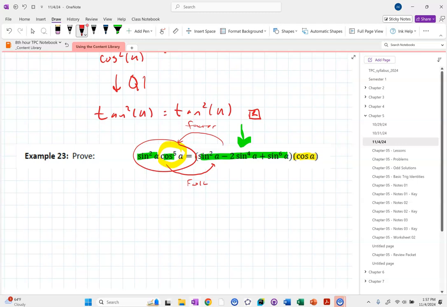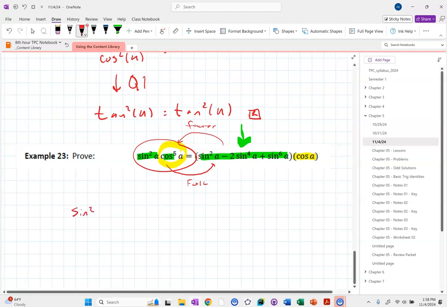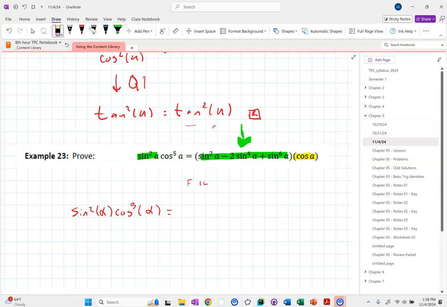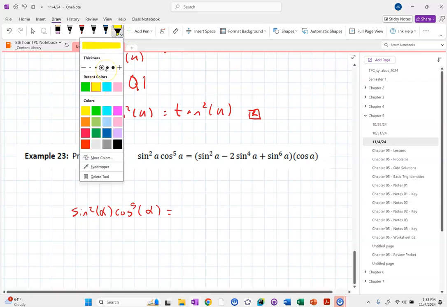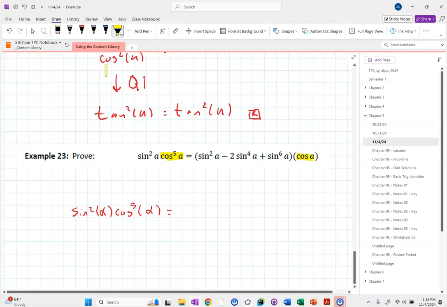Now, it's not wrong to take the other side. It's still eminently doable, but the factoring is always going to be harder than the FOILing. You guys feel okay with what I saw there to convince myself to take the less complicated side this time? All right. So I'm going to start by just doing a little rearranging.